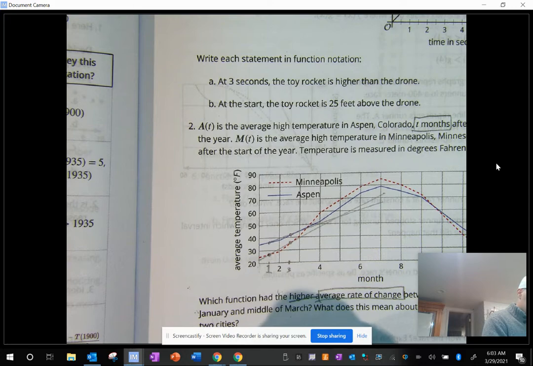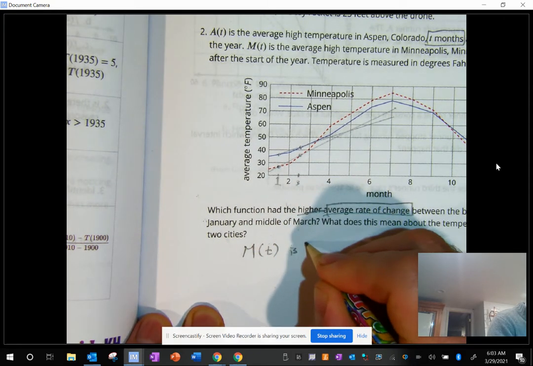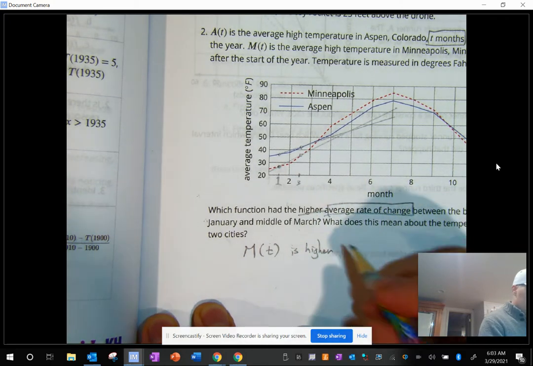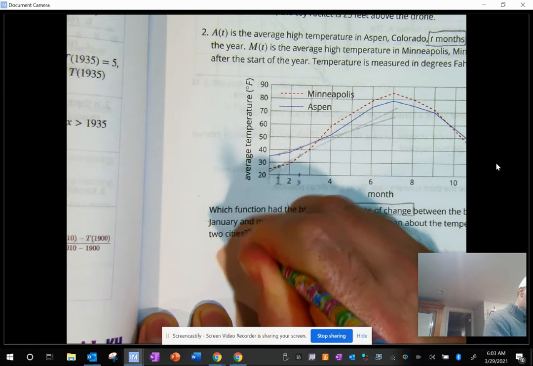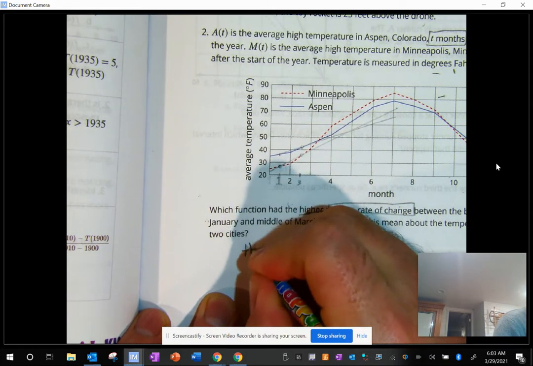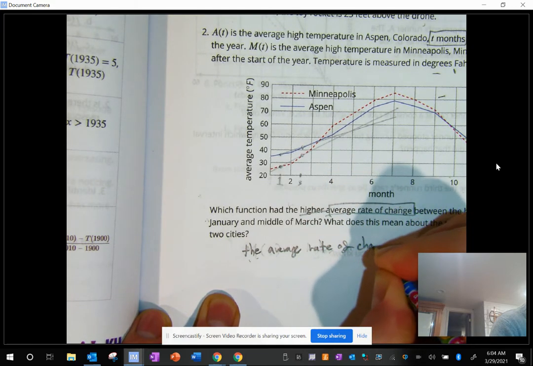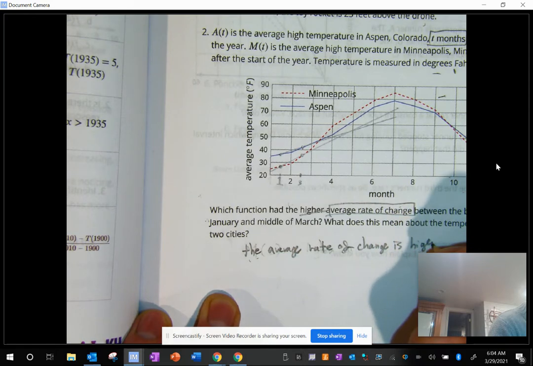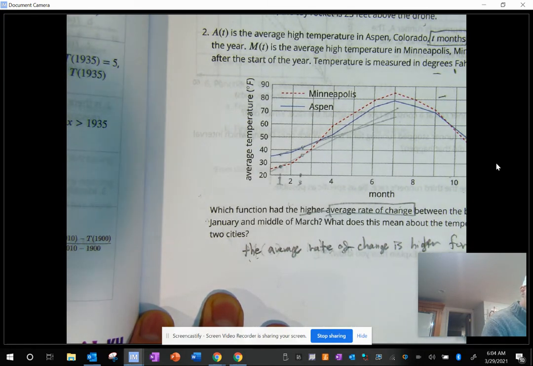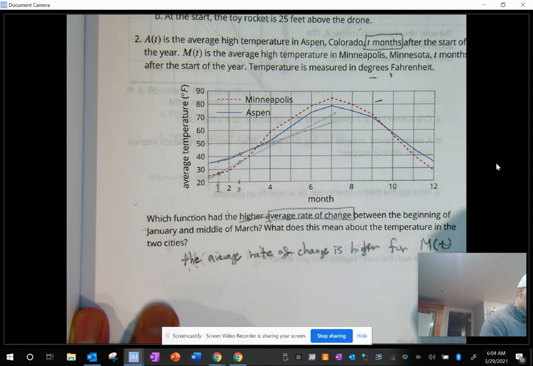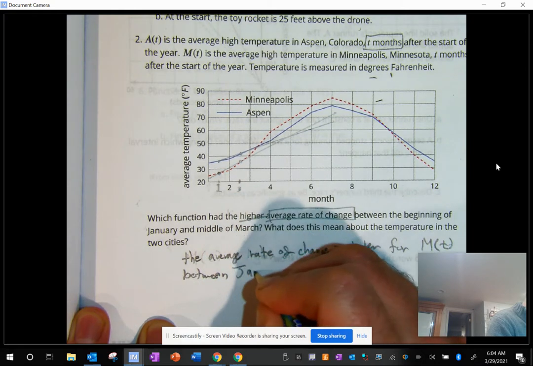So M of t, which is the rate of change of temperature, the average rate of change is higher for M of t between January and March.